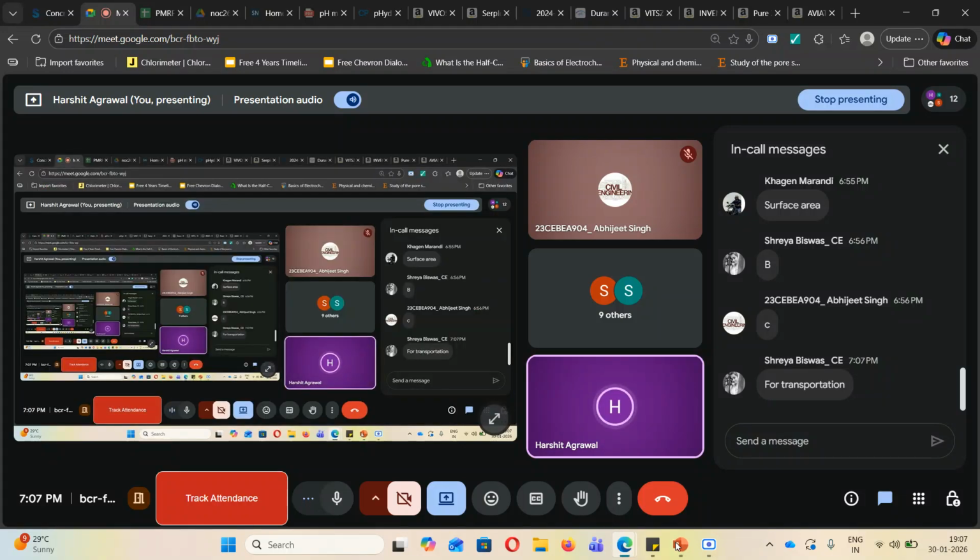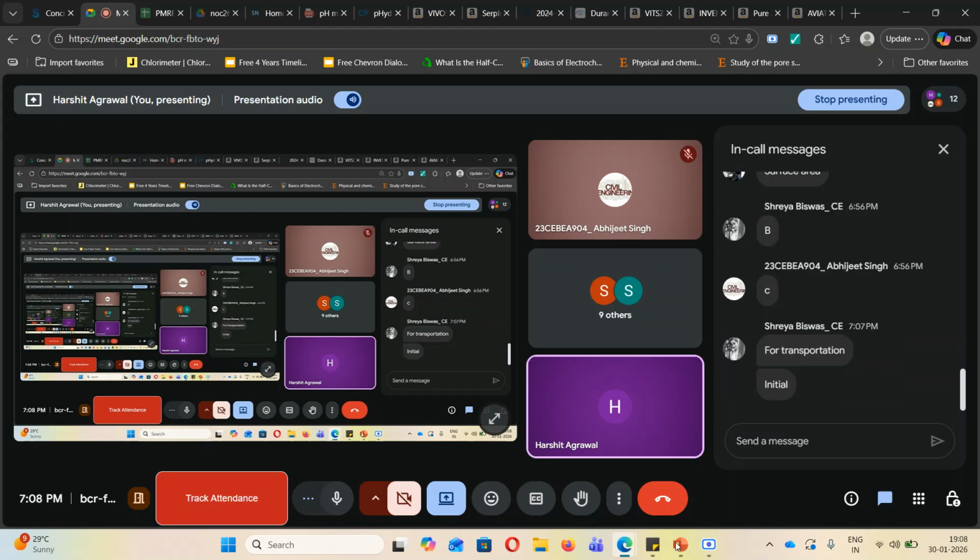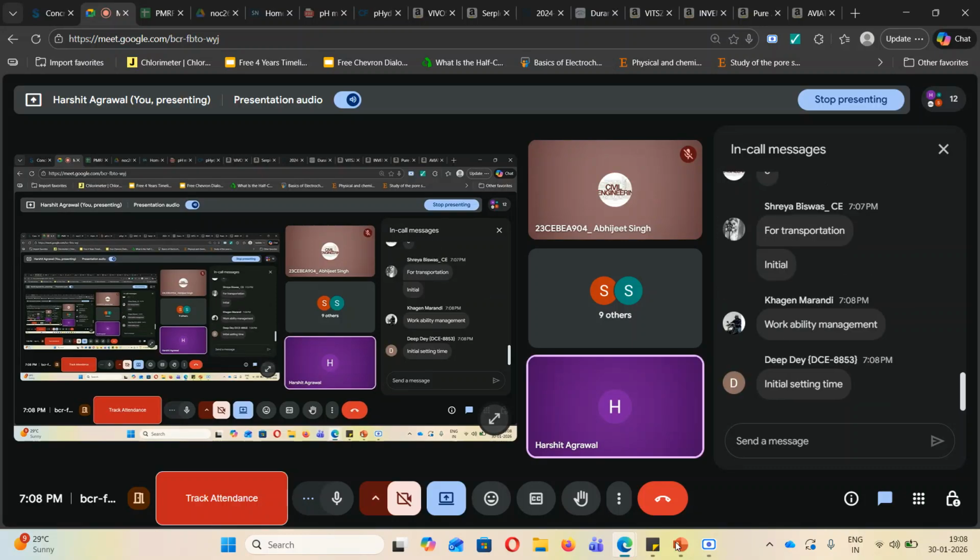Yes, for transportation. Okay, so which factor is important for transportation? Initial setting time or final setting time? And what is the practical significance of final setting time? Workability management is also right. What about final setting time?